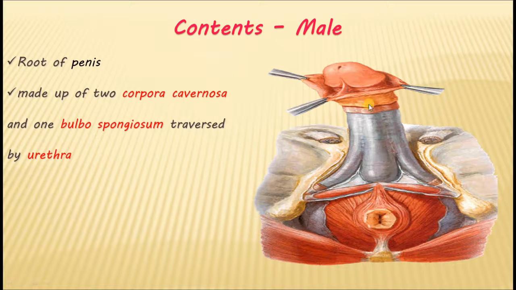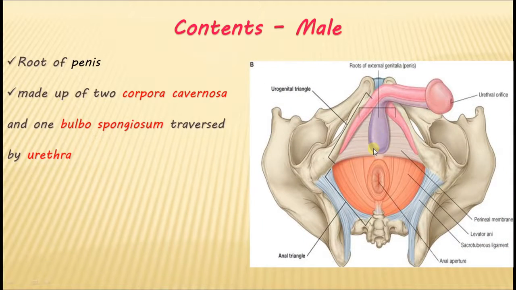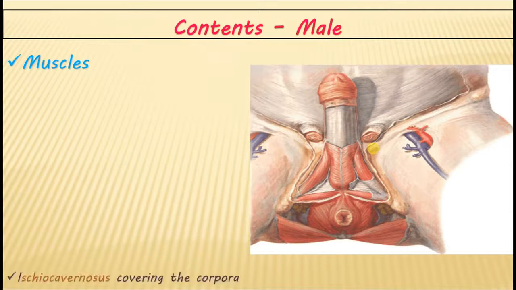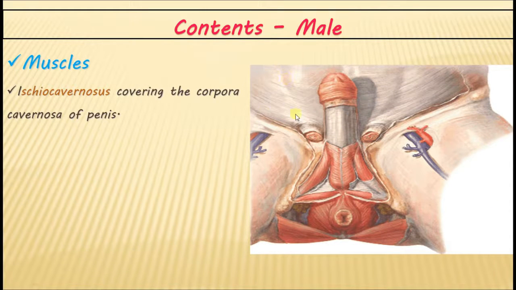This will be traversed by the urethra. The bulbospongiosus is fused, forming a midline raphe. The ischiocavernosus muscle covering the corpora cavernosa arises from the conjoined ischiopubic rami.